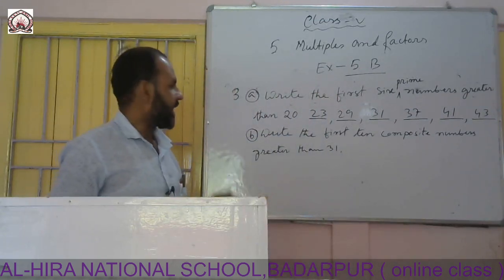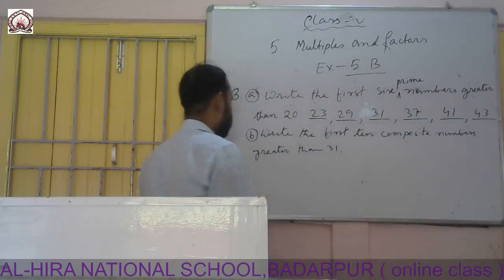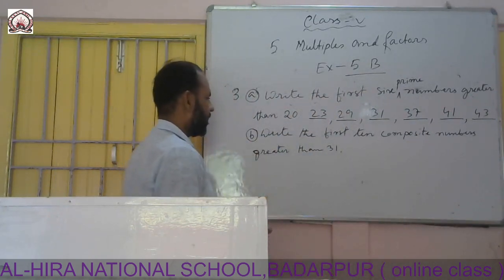So here we write the first 10 composite numbers greater than 31.